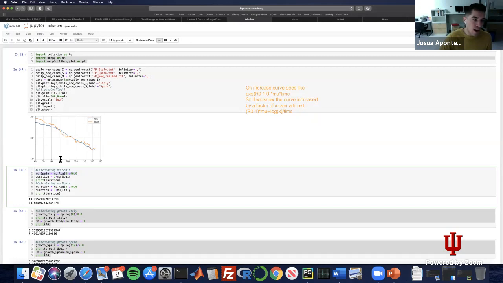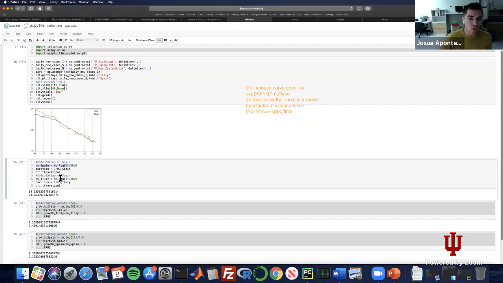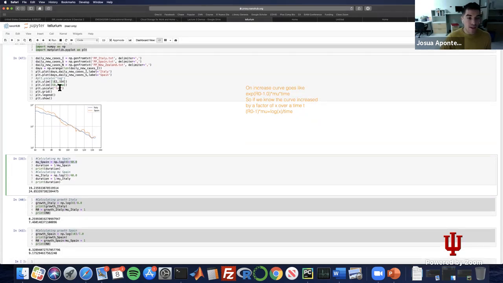And once we have determined mu, then we can look at what happens at the beginning of the curve, and then estimate the slope of that curve to calculate mu.